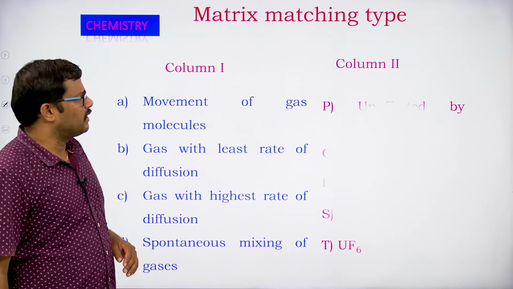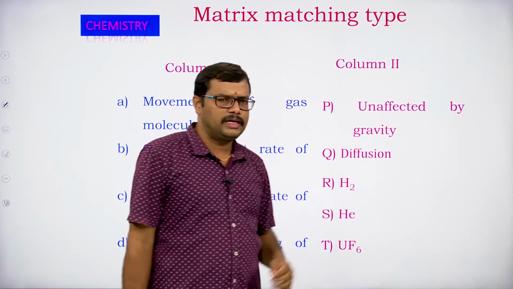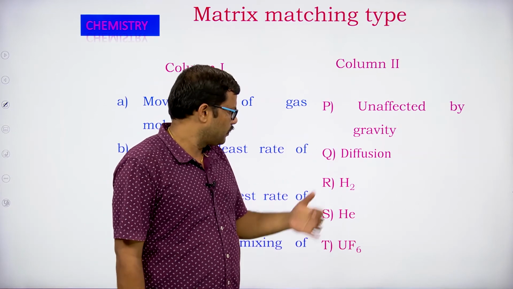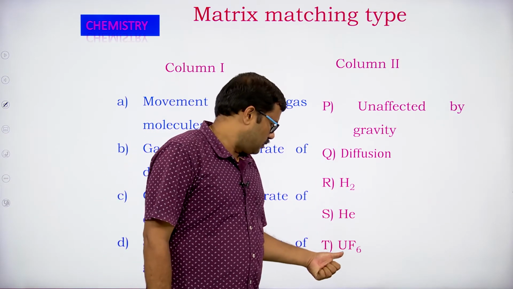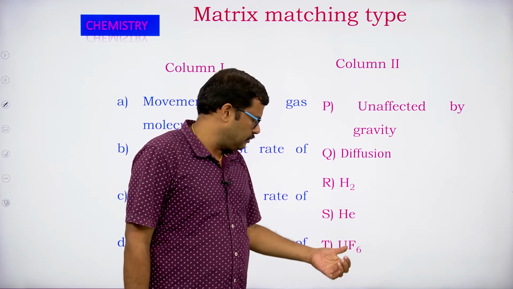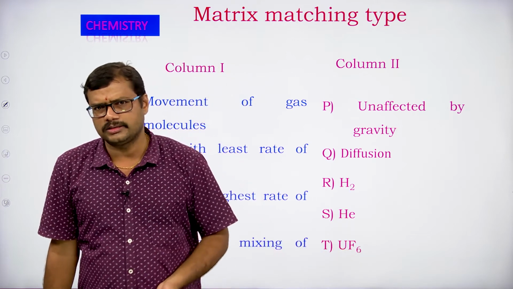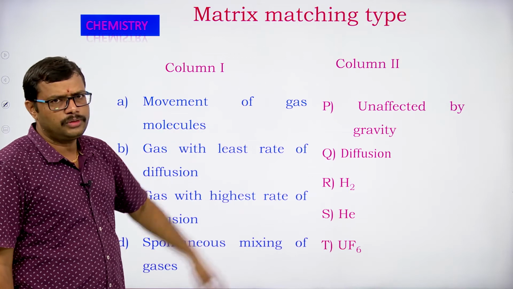Let us look at column 2 now. In column 2, P is given: unaffected by gravity, Q: diffusion, R: hydrogen gas, S: helium gas. T is uranium. When treated with fluorine, we get uranium hexafluoride, UF6, as a gas. So these are the parameters in column 2.